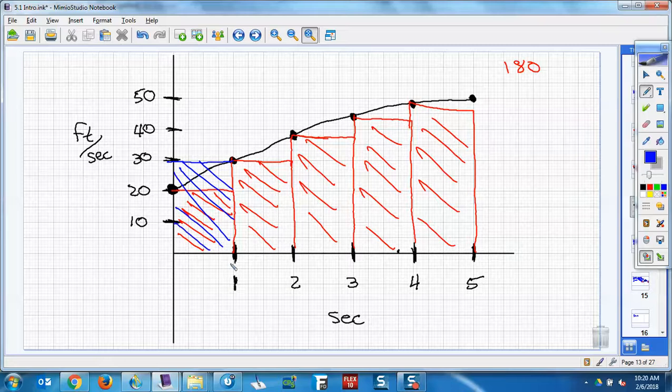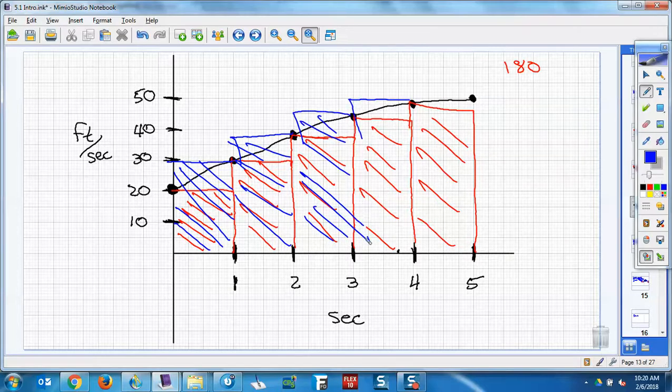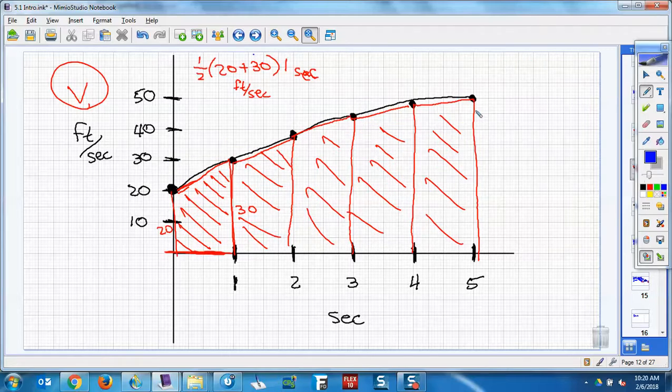The 210 would be, okay, let's go 30 the whole first second, and 38 the whole next second, and 44 the whole third second, and 48 the whole fourth second, and then 50 the last second. And now that's going to be an over approximation of the actual area, right? So trapezoid was definitely better, probably, if that's what was going on.